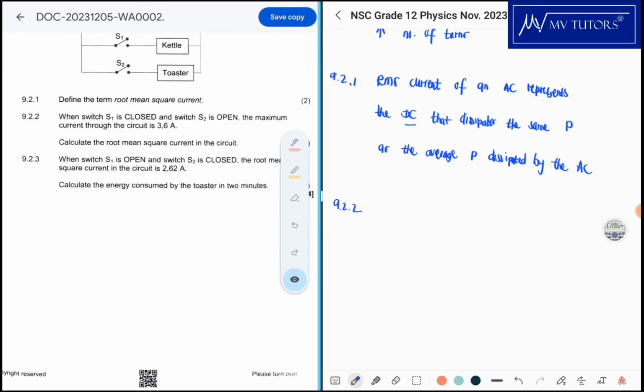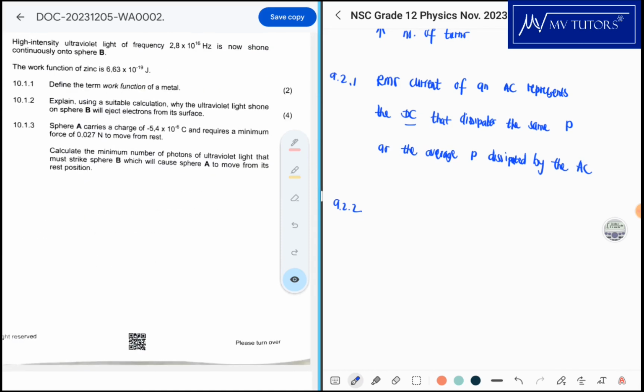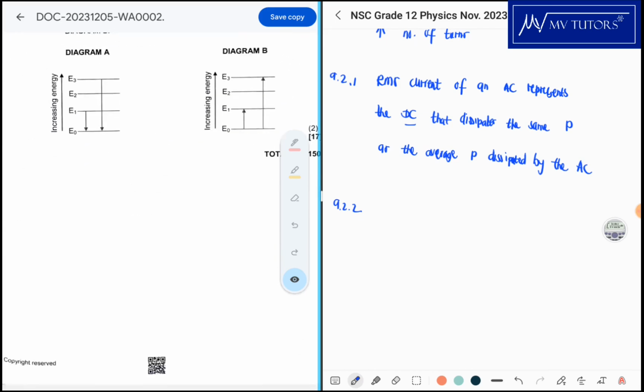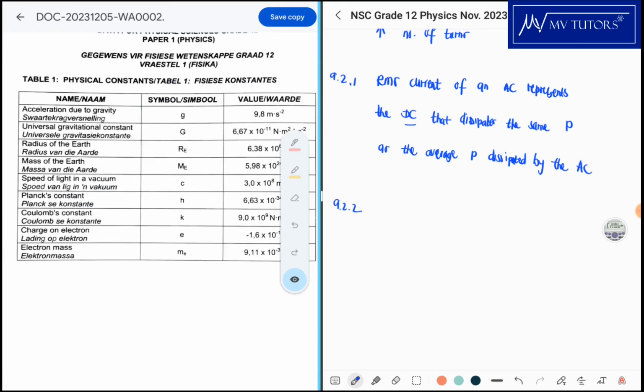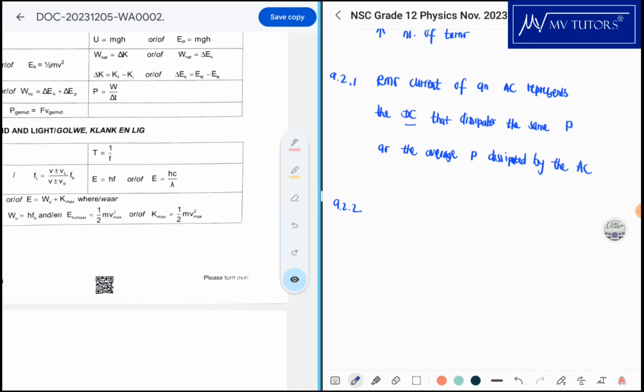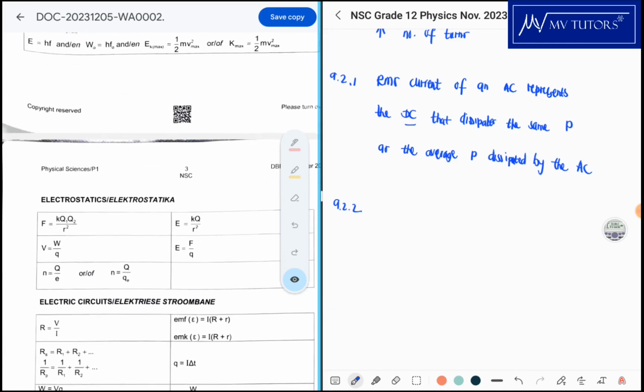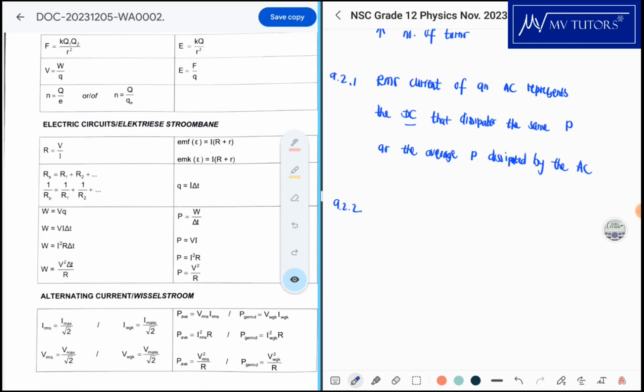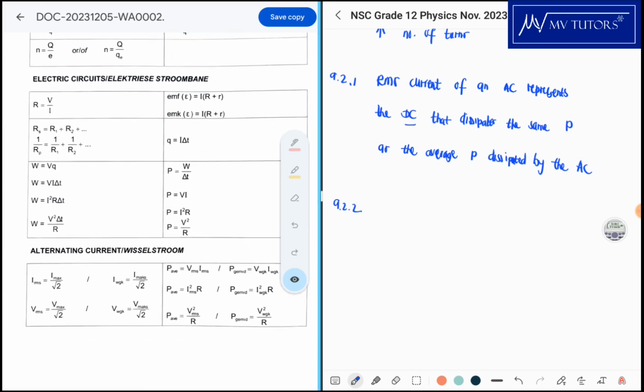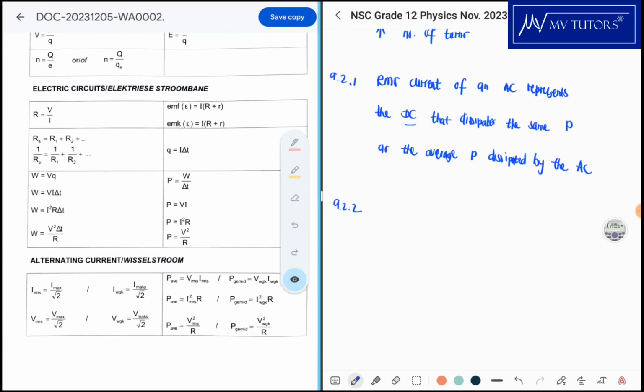All right, we can go have a look at the formula sheet. Root mean squared current. Okay, there it is at the bottom. So we have the root mean squared current, which is equal to the maximum over root 2.